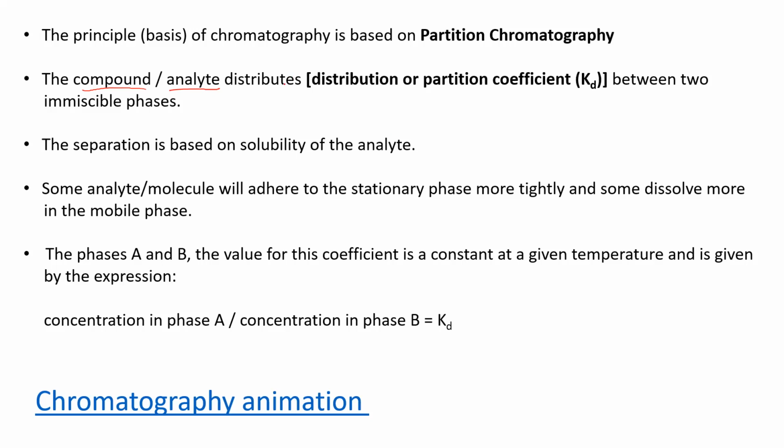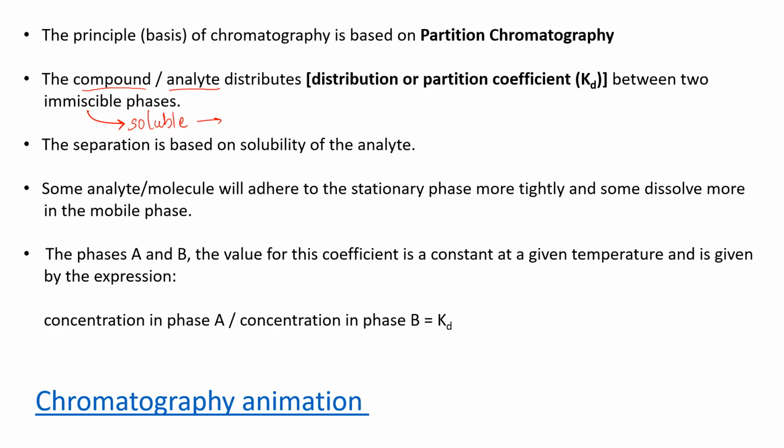Hence, the analyte will distribute between two immiscible phases. What do you mean by immiscible phases? They are not easily soluble into each other. When we say sugar is soluble in water, a solid matter, sugar, is soluble in a liquid, so the word solubility is used.